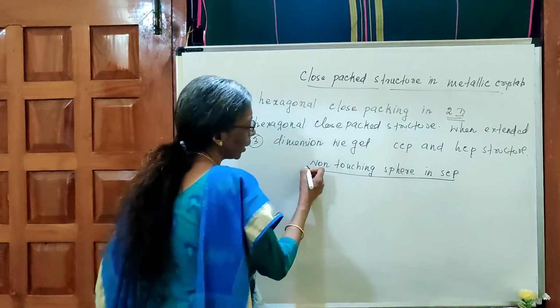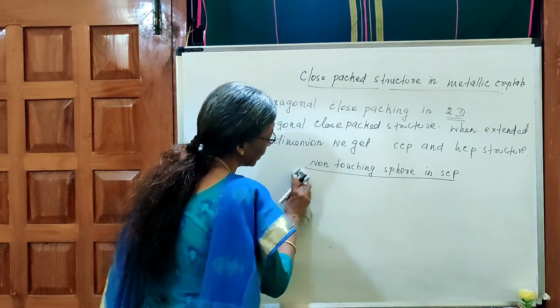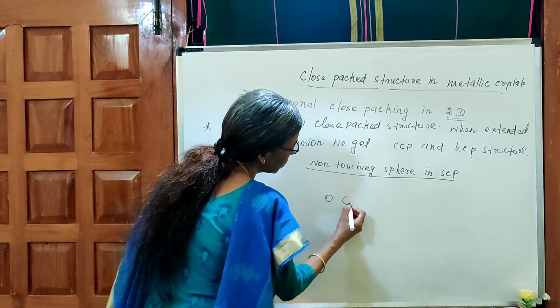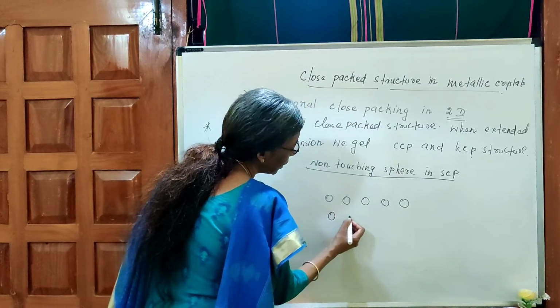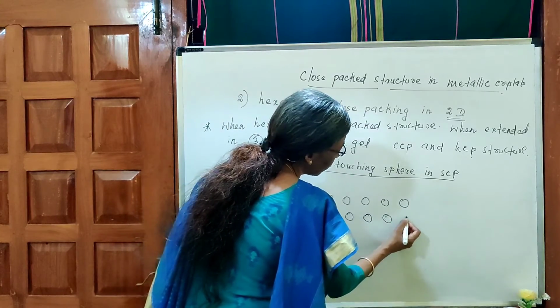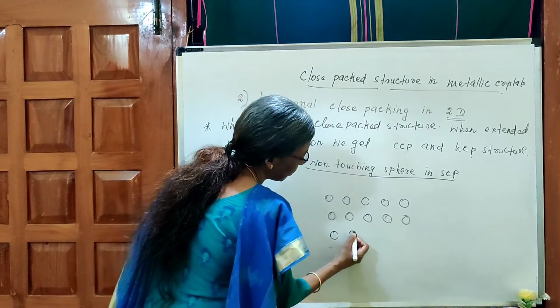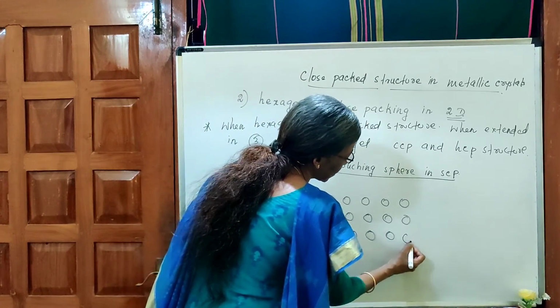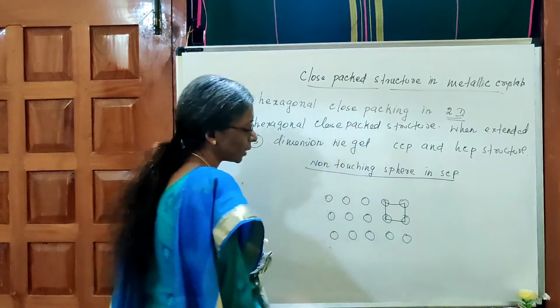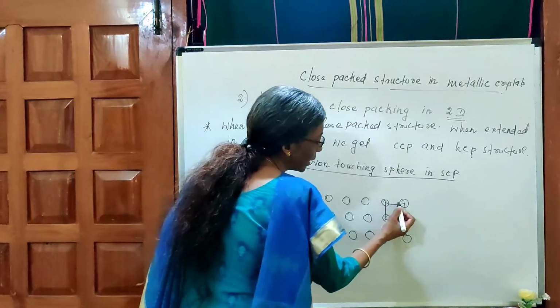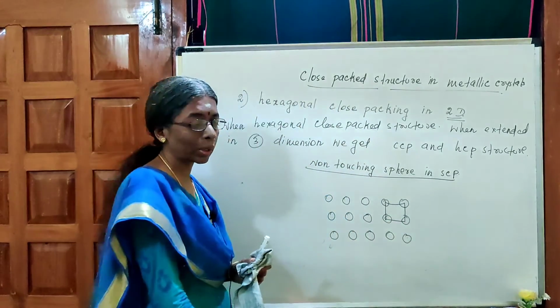It will be like this: 1, 2, 3, 4, 5, then 1, 2, 3, 4, 5. They are not touching each other, but the gap is there. It is arranged like this. If you connect the 4 spheres, you get a square.